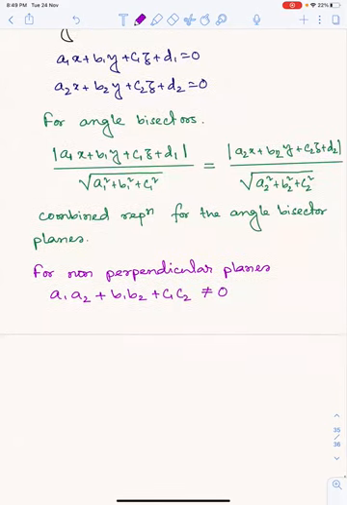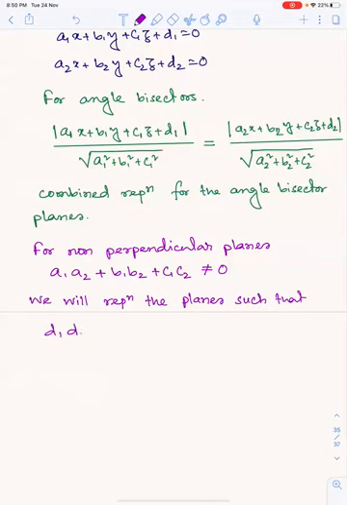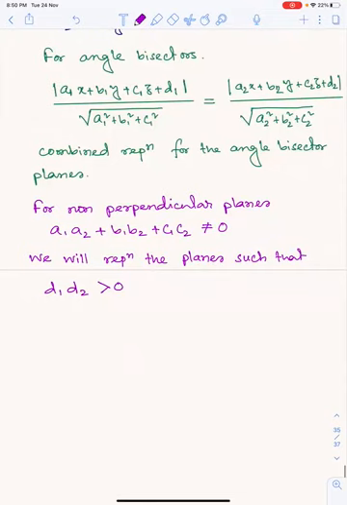Okay. So we will represent the planes such that D1D2 is greater than 0, that is, they are of the same sign.